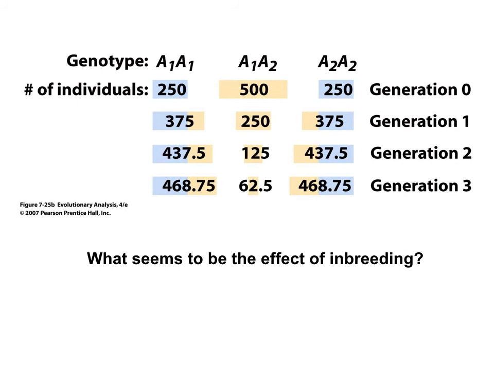So that seems to be the effect of inbreeding. It is again this march towards homozygosity, and so we're going to quantify that in a little bit by calculating this coefficient that we call the inbreeding coefficient.